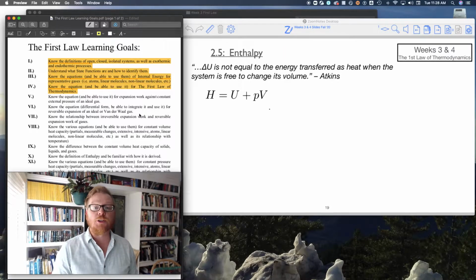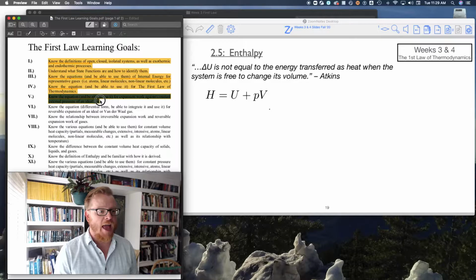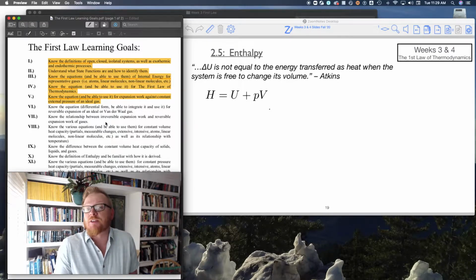In the first lecture, so lecture 7 and lecture 8, we talked about the equations for expansion work against constant external pressure of an ideal gas. So remember, it's just P delta V, right?